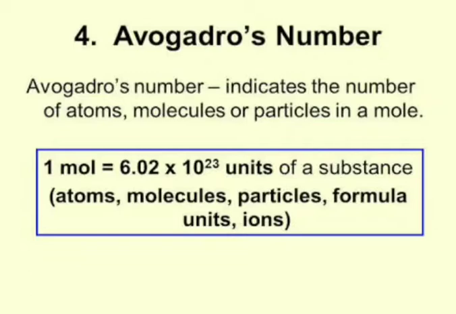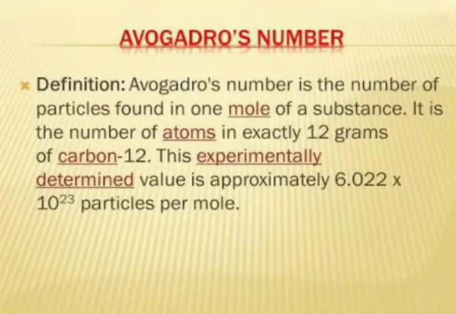So Avogadro's number is the number of atoms or molecules which is present in 1 mole of any substance. So 12 gram of carbon means 1 mole of carbon. That means 1 mole, as we know, is 6.02 into 10 to the power 23 particles.